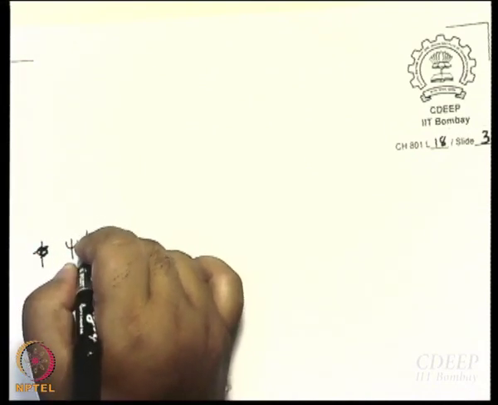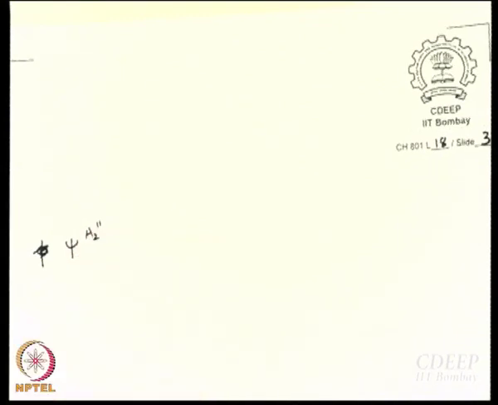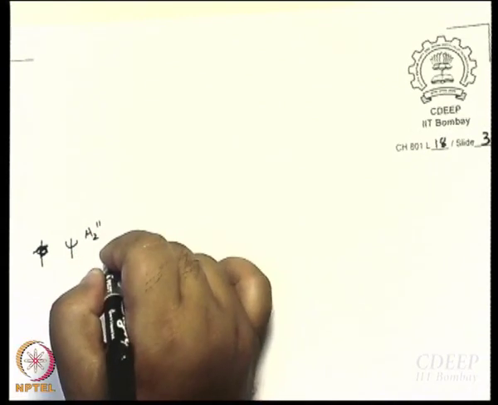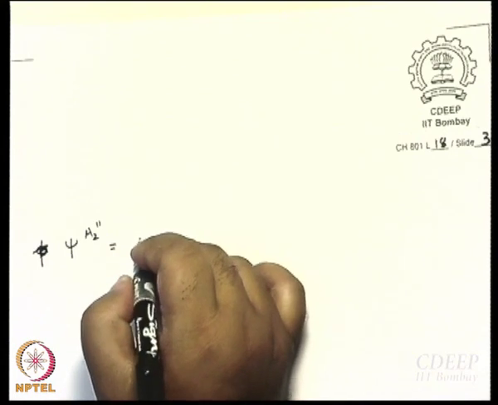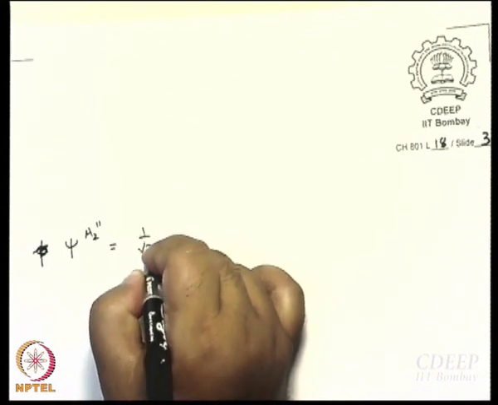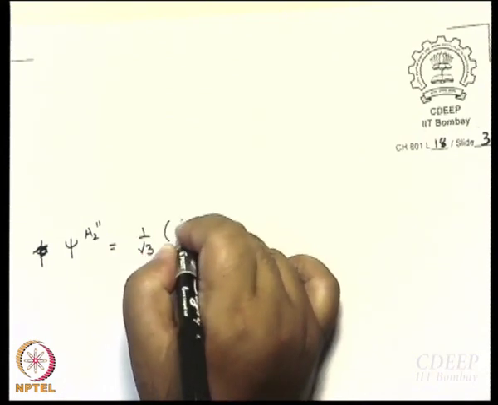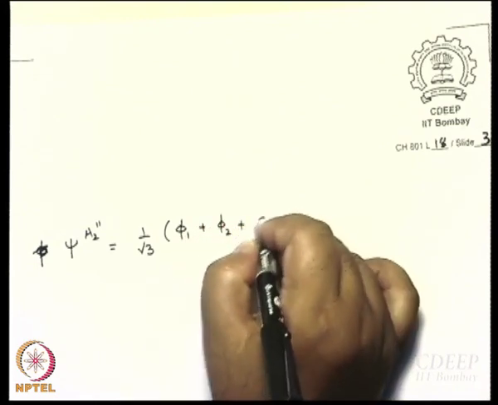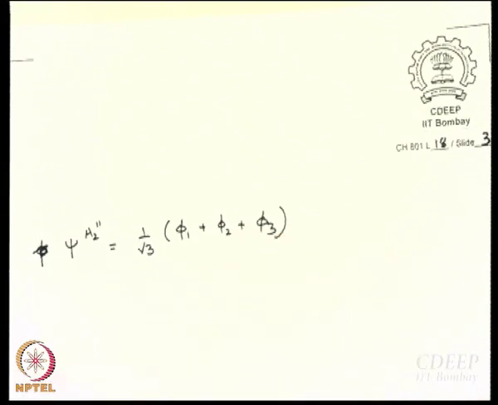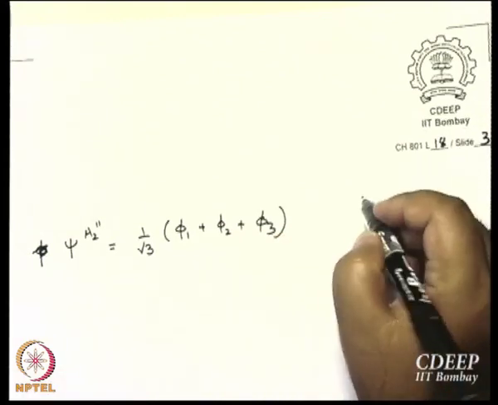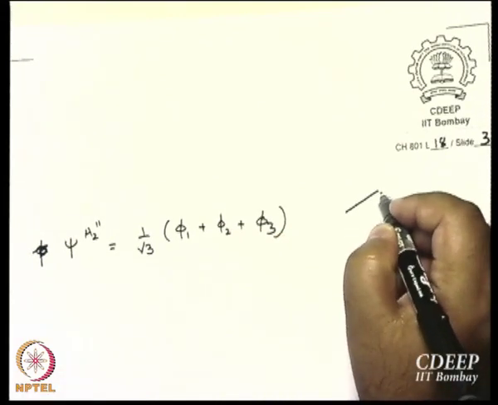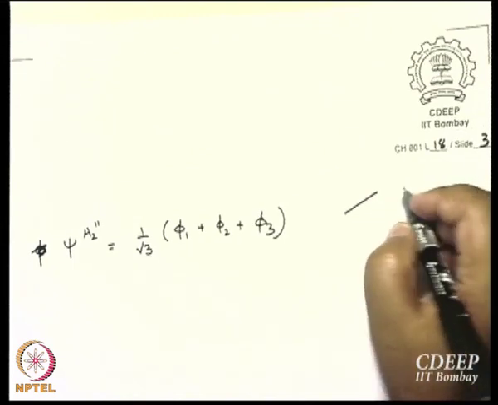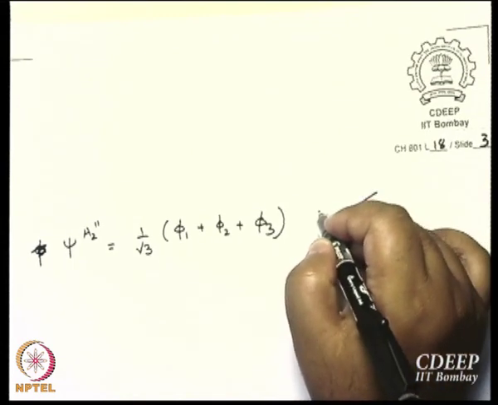Psi A2 double dash is 1 by root 3 phi 1 plus phi 2 plus phi 3. If I want to sketch it, and instead of drawing it in such a weird manner, I like to draw it like this.